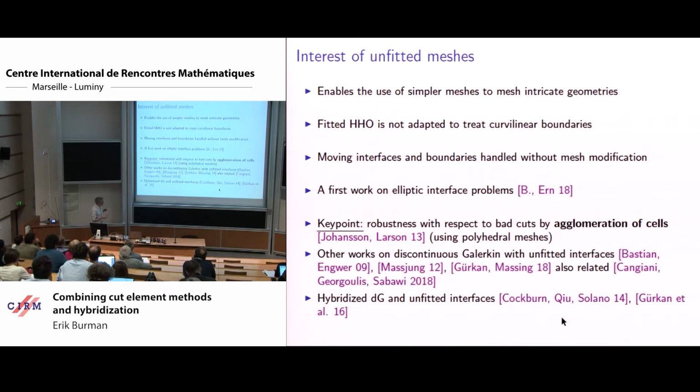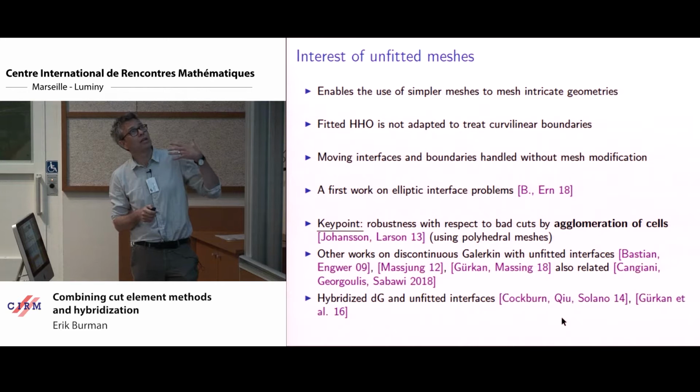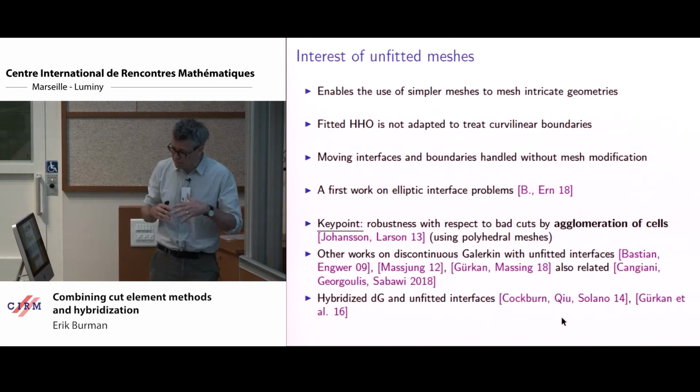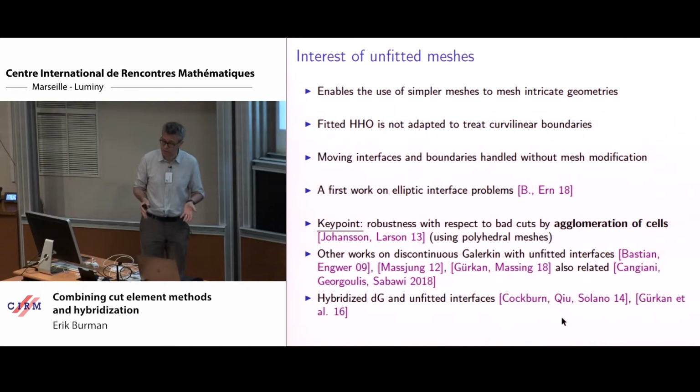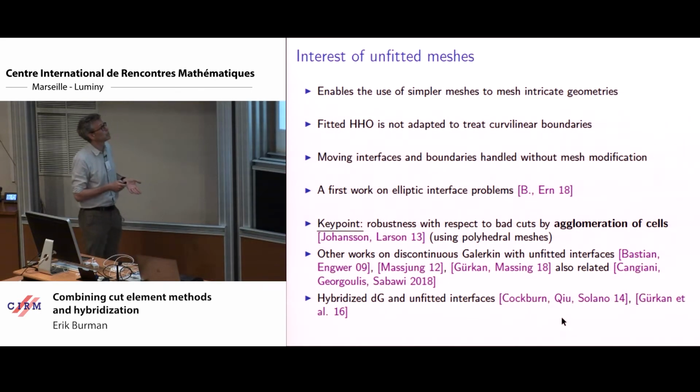So what is the interest of unfitted meshes here? Well, we have now a method that can be used on very general geometries, but if you have an interface that is curved or cut through these geometries, you might not want to mesh it, in particular if it moves throughout the computation.